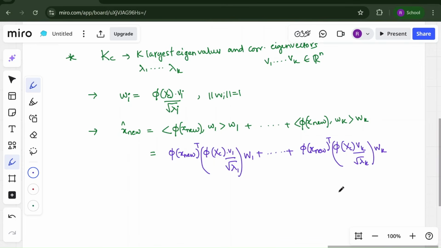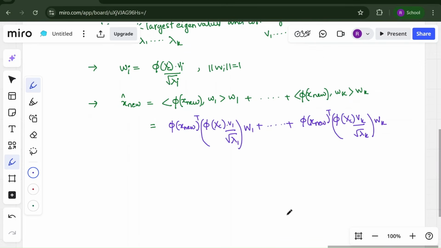Now consider this multiplication, and this multiplication. This is something which we already know. What is this equal to?